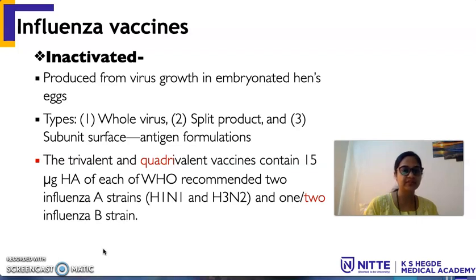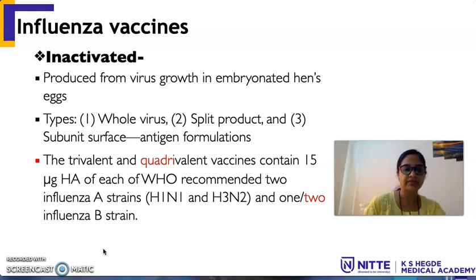Influenza vaccines are available as live and inactivated. To use in India, we have the inactivated vaccine, which is produced from virus grown in embryonated hens' eggs. So whole virus, split product and subunit surface antigen formulations are the different types which are available. Split products and subunit surface antigens are mostly used.